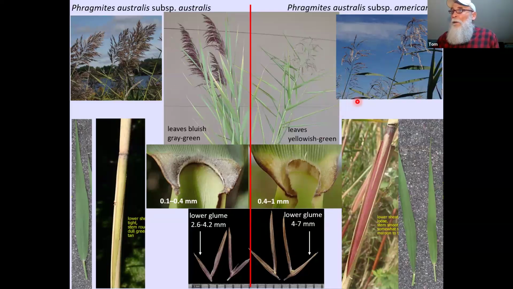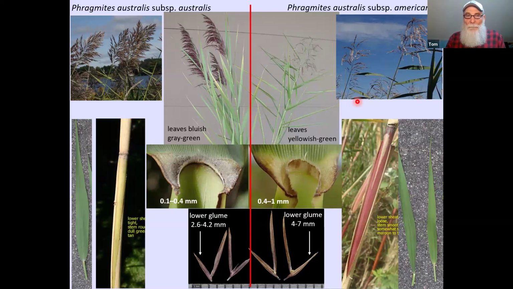And then we have the European subspecies, australis, which has been introduced. The non-native subspecies australis was introduced on the East Coast, probably in the late 1700s, early 1800s. So it's been in North America for a long time, and has been, of course, spreading westward ever since.